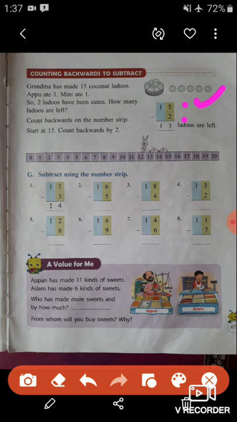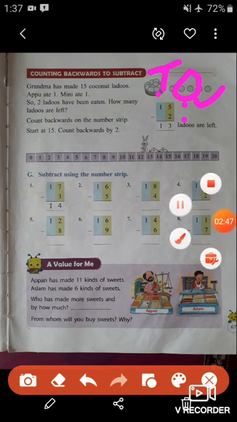First of all you have to write this in vertical form. 1 at tens place and 5 at ones place, and you have to write 2 below the 5. Now first of all we look at the ones place.